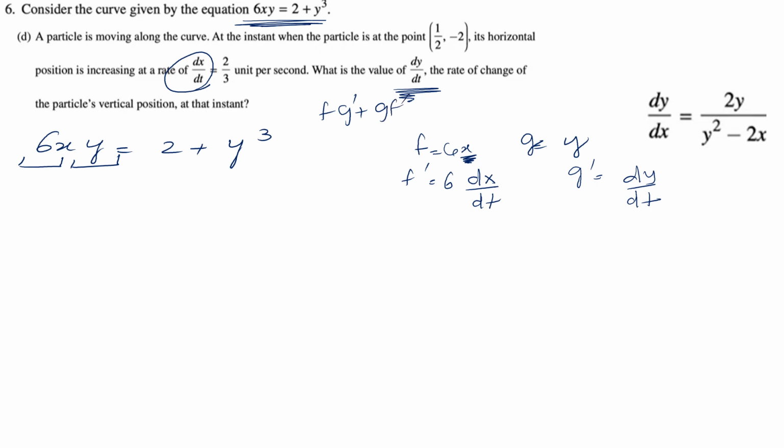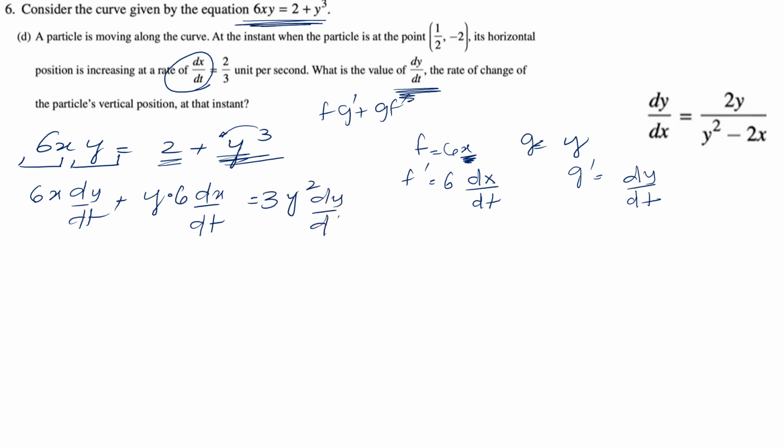So f is 6x, g prime is dy by dt, plus g is y, and f prime is 6 dx by dt, equals the derivative of any constant, which is 0. The derivative of y cubed using the chain rule, or implicit differentiation, you can write 3y squared, and now the derivative of y, that is dy by dt.